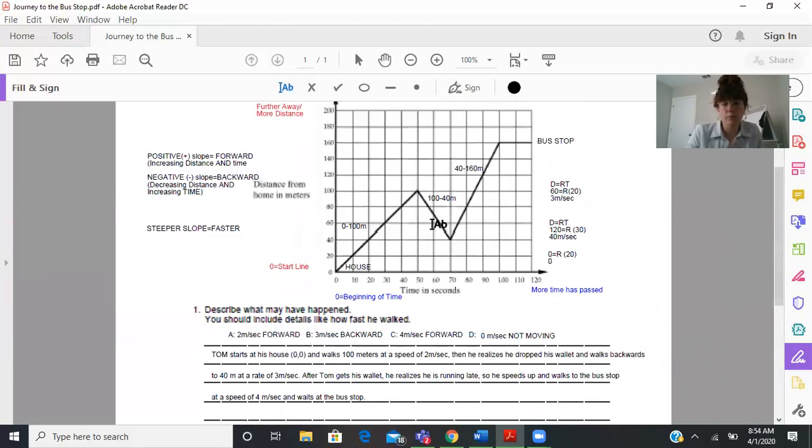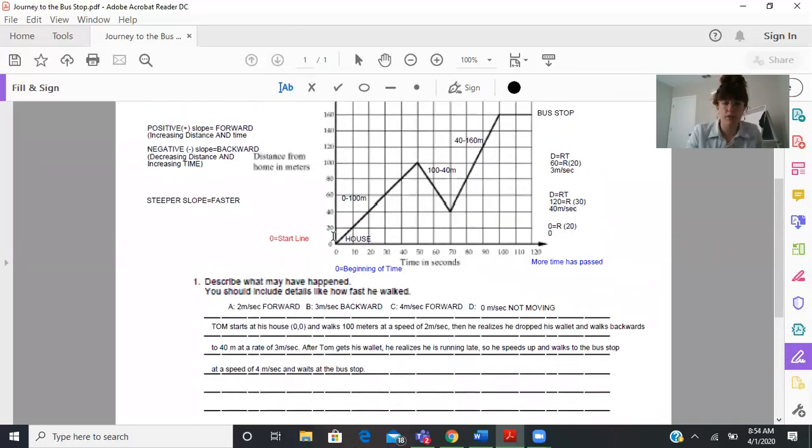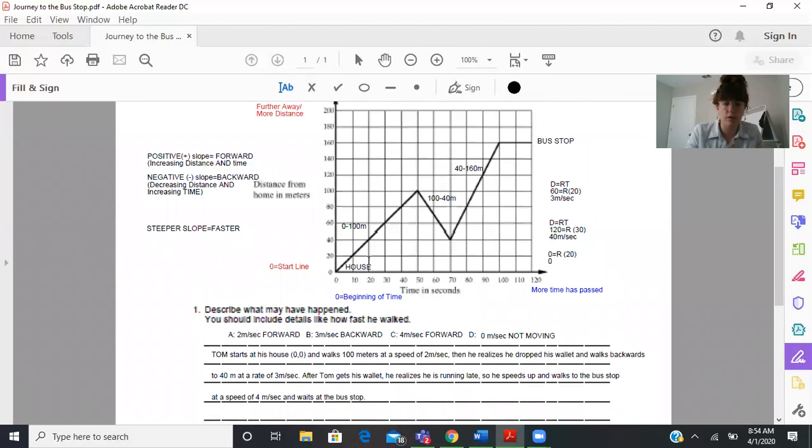And it would be realistic. We could say all of the speeds are realistic. If I said that he was going from 0 meters to 200 meters in 10 seconds, that might not be realistic, but this is pretty realistic.